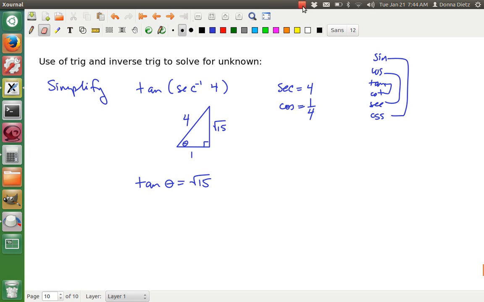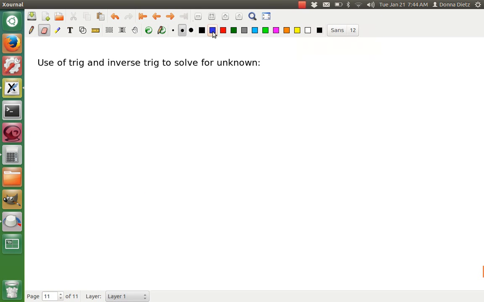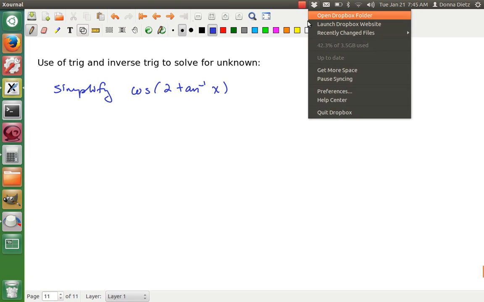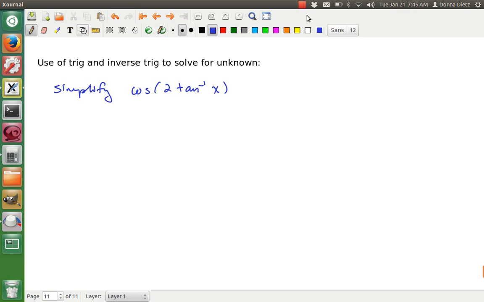You may want to see one more of those. Okay, so let's say we want to simplify another one of these. Simplify cosine of 2 inverse tan x. Okay, so this is a tricky one because you need both a triangle and additionally you need your double angle formula, your cosine of 2 theta formula.